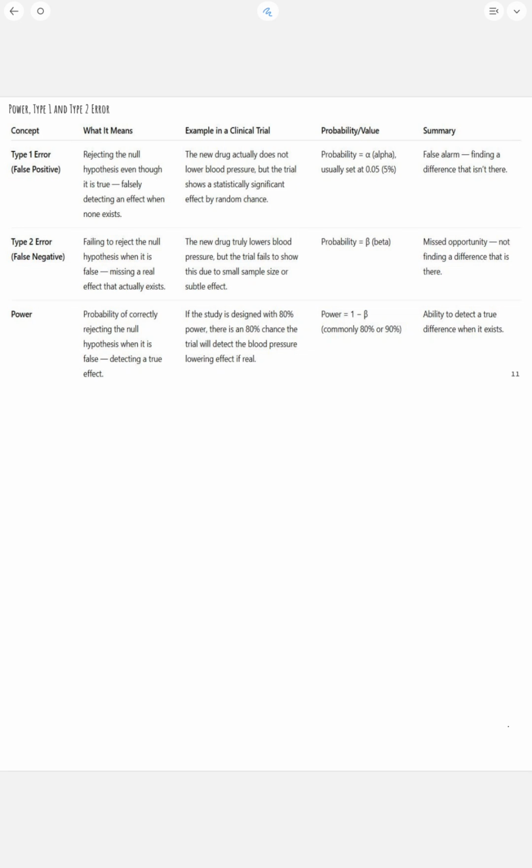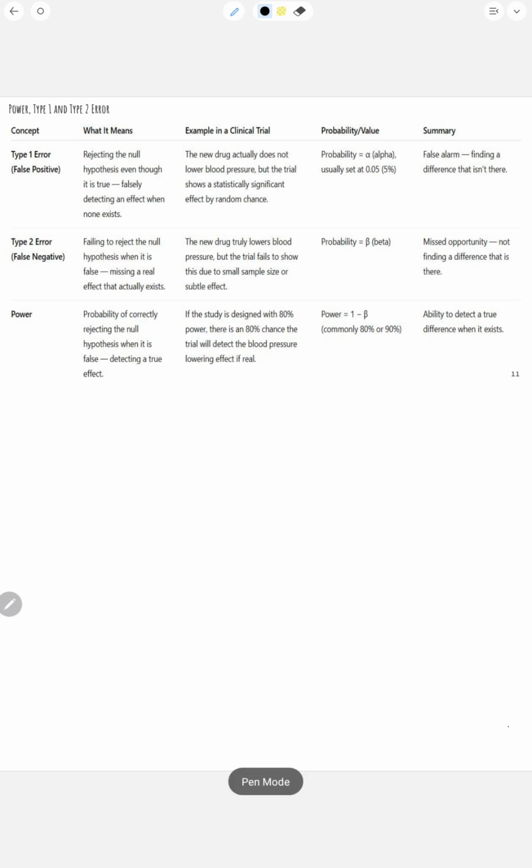So a type 1 error occurs when we reject the null hypothesis, even though it is true. Essentially, making a false claim. For example, a drug actually does not lower blood pressure, but the trial shows a statistically significant effect by random chance. All right, so what does this mean?